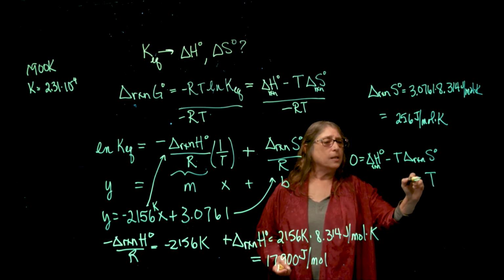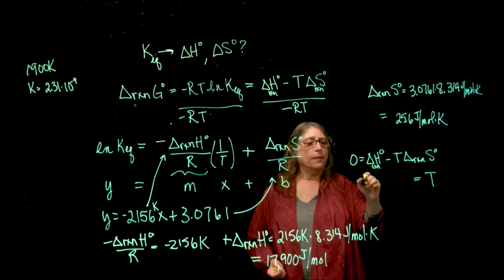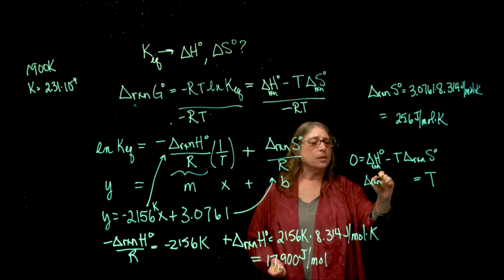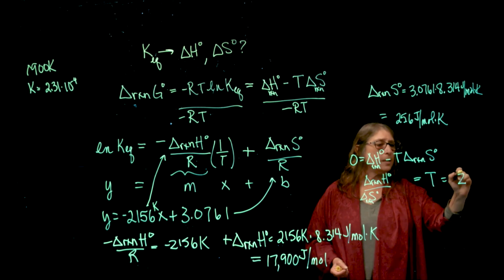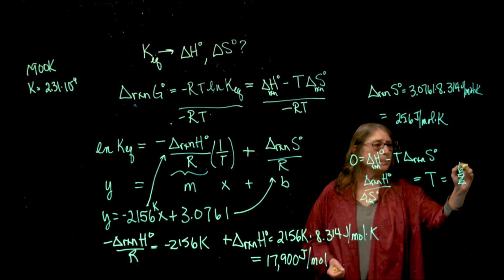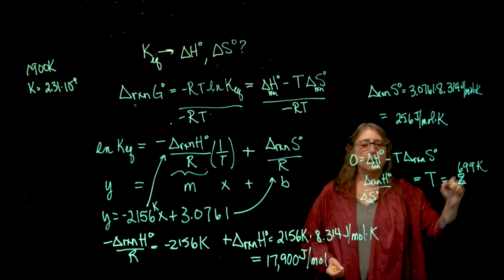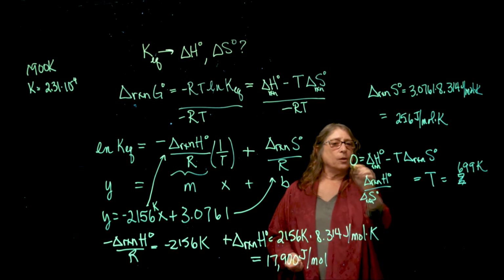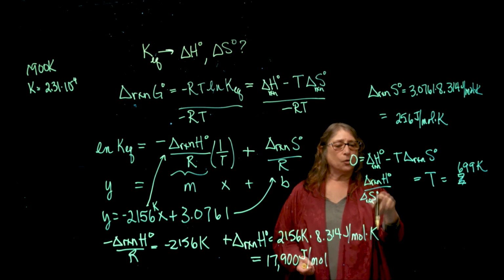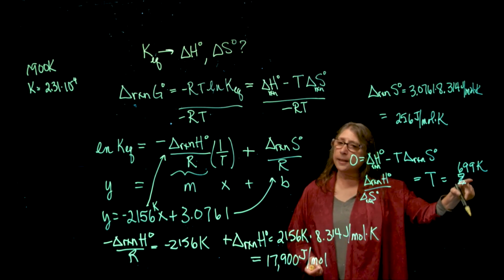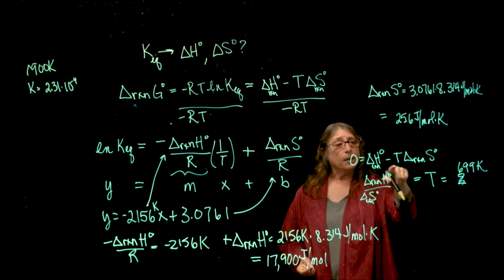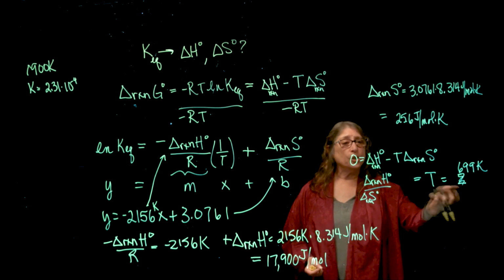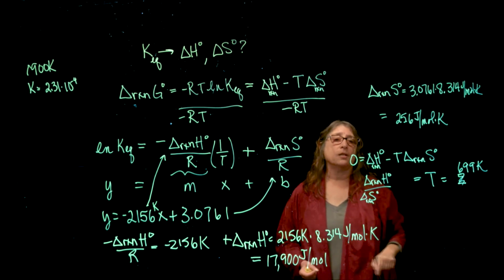And so T is equal to the enthalpy of the reaction divided by the entropy change of the reaction. And that turns out to be 699 Kelvin, because I'm going to take this one over to this side and then divide by the entropy. And so anything above this temperature or below this temperature, depending on which way this inequality works, will change the sign of delta G because it goes through 0.